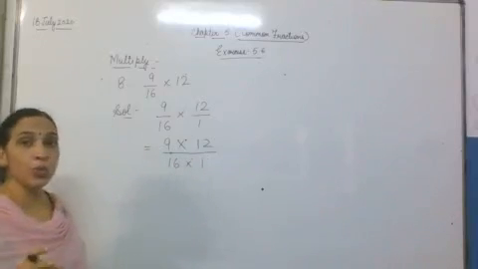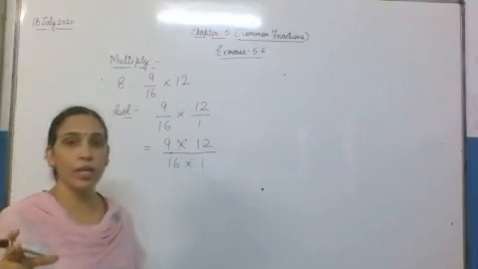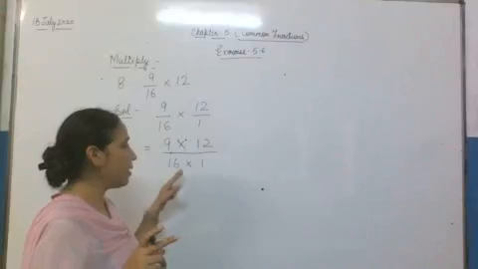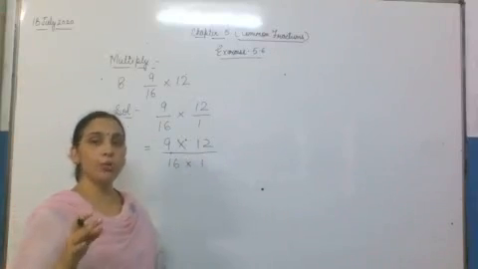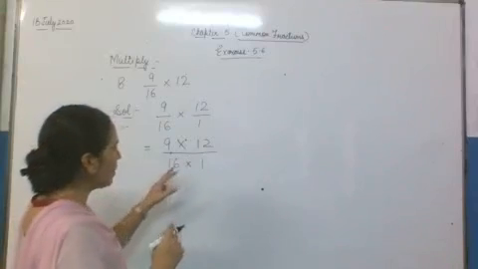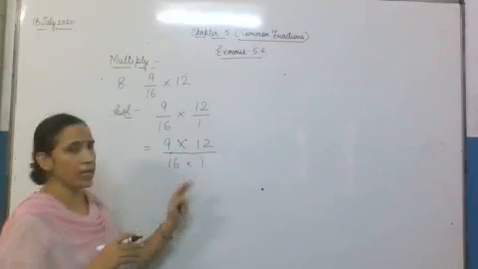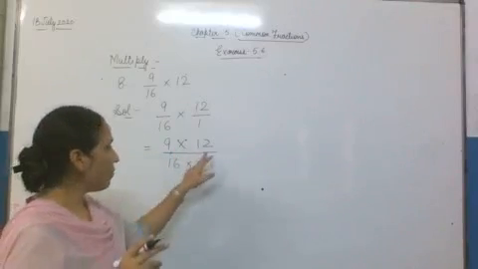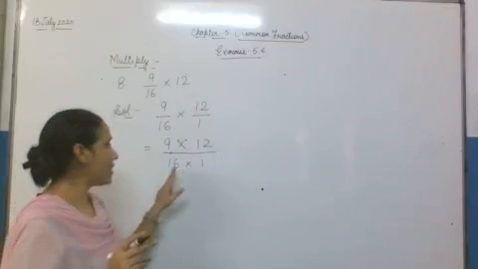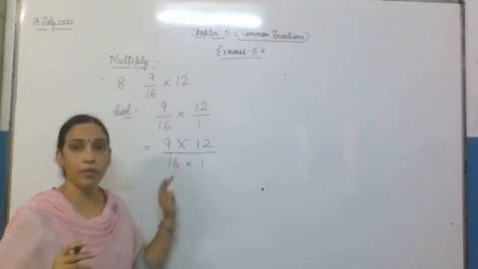As I told you in the previous question, if you are getting any number which is common in this second step, what can you do? You can reduce here only. How can we reduce? Can you find any number which is common? Yes. 12 is an even number and 16 is also an even number.